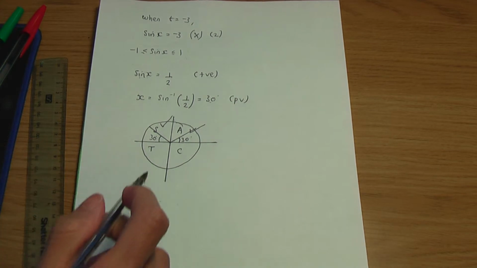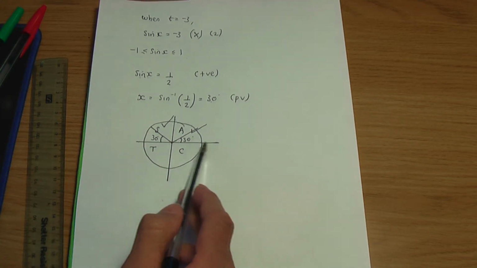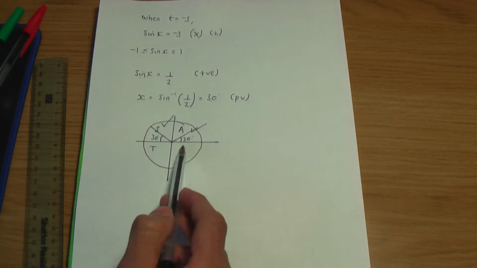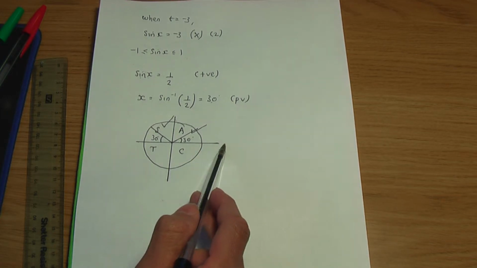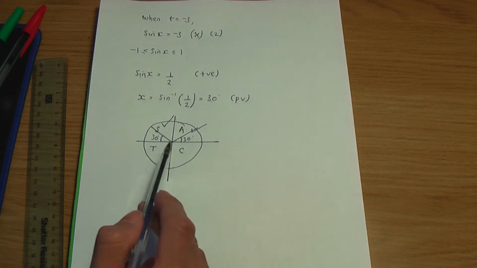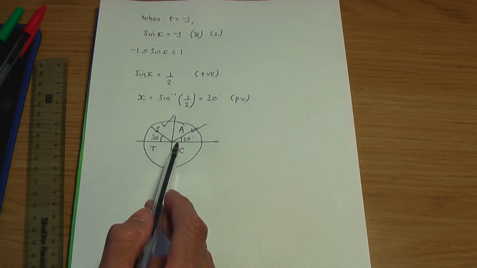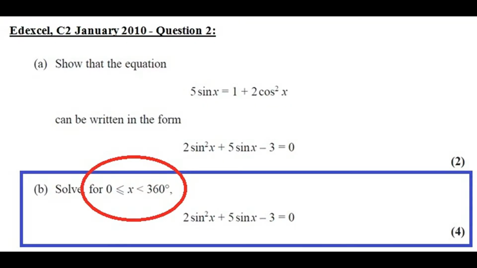Now, when working out the solutions, they are always measured from the 0 line, called the initial line. So let's measure the solutions from the initial line. And if we go back to the screenshot, we need all of the solutions between 0 and 360 inclusive. So back to the paper and pen.